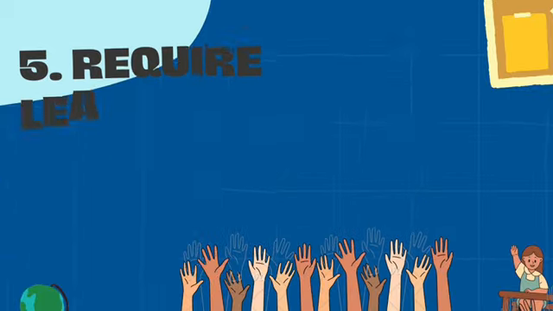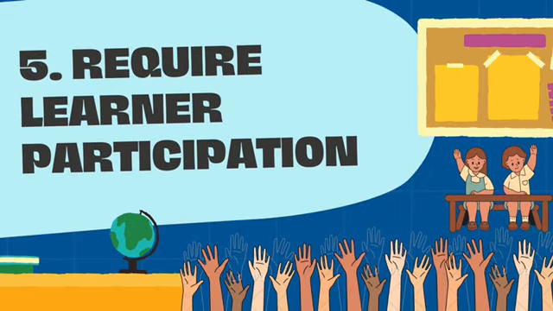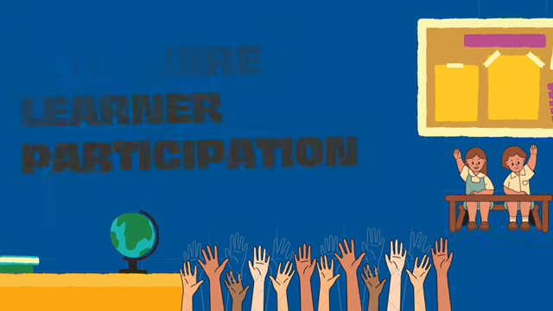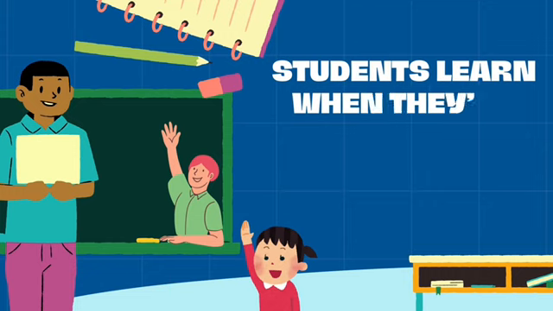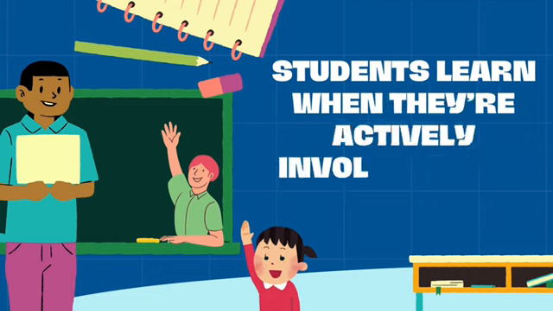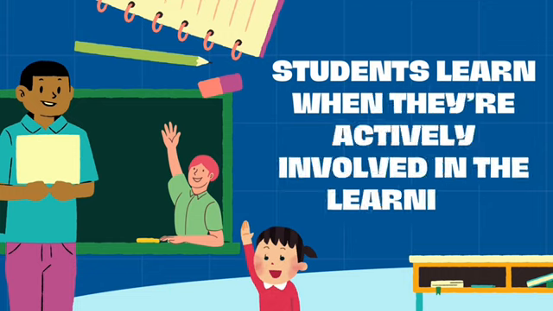Now let's move forward to number 5, which is require learner participation. This requires you to describe how you are going to get each learner actively and individually involved in the lesson. Students learn when they are actively involved in the learning experiences.